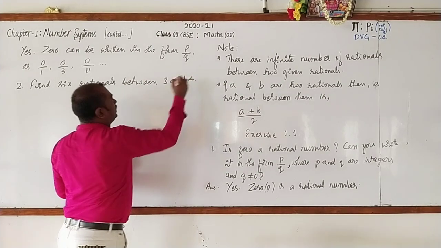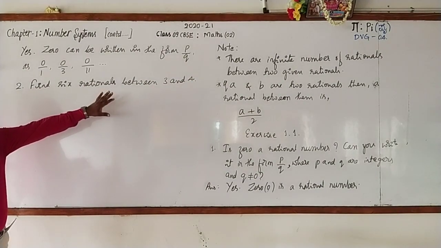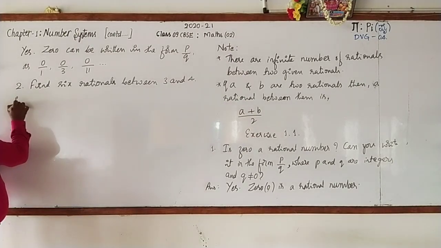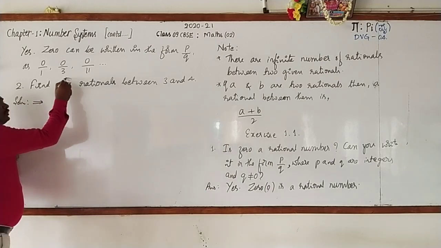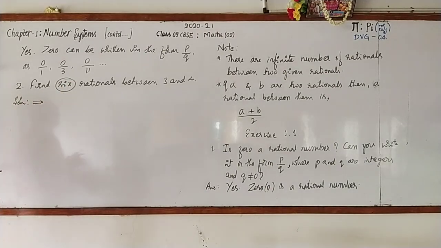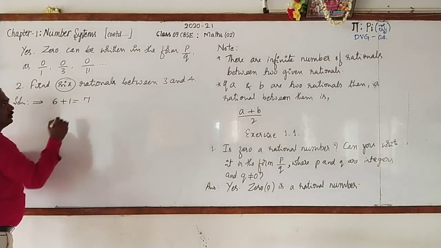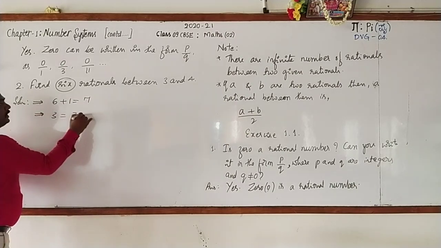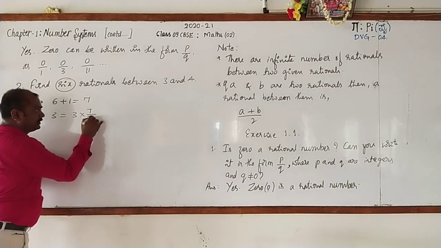Let us go for finding the total 6 rational numbers between 3 and 4. That we have already learned in yesterday's class. Let us go for following the same method. How many are going to be found out? 6. Then you can go for adding 1 to it. So 6 plus 1 it is equal to 7.